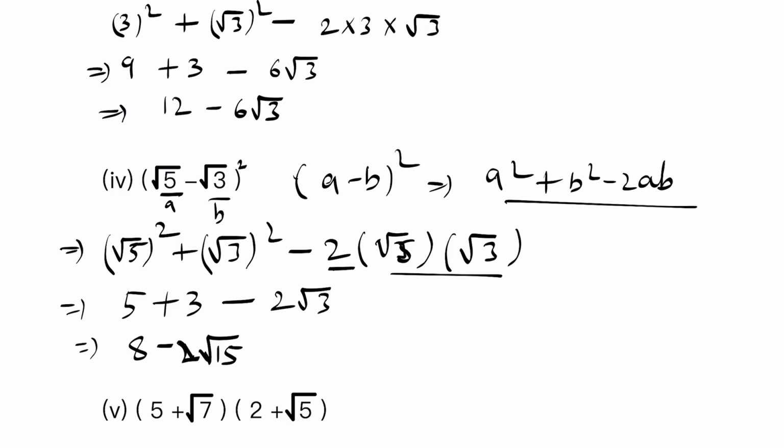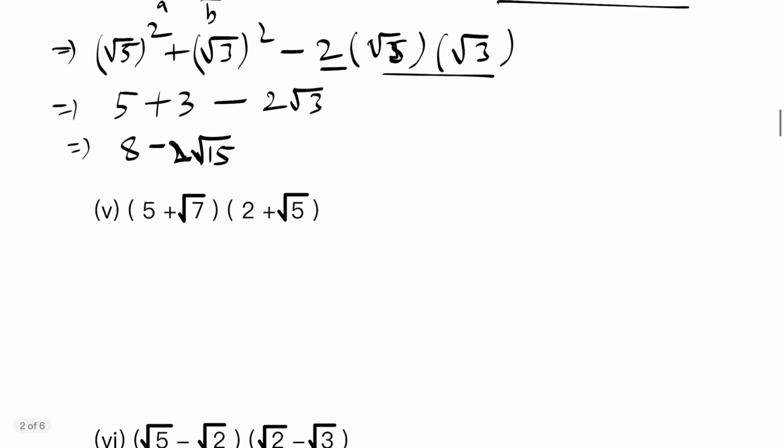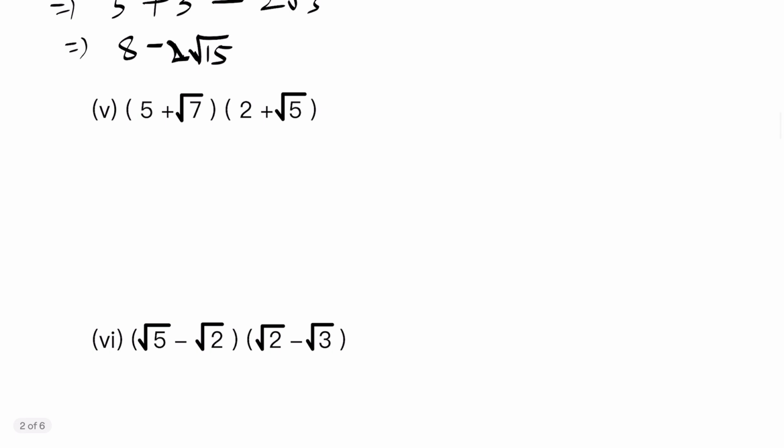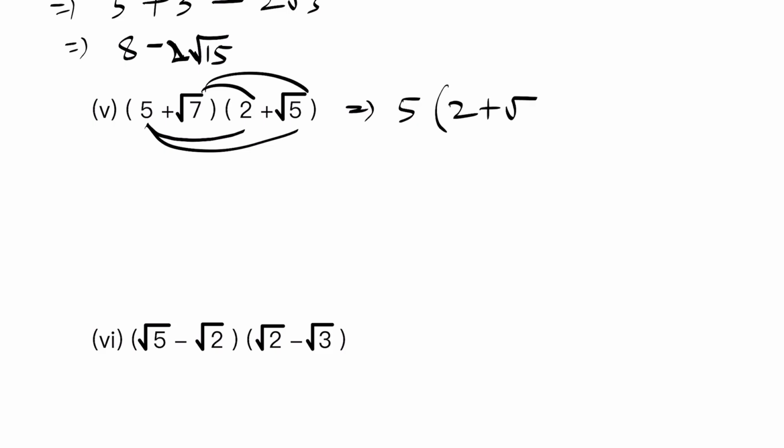Now the fifth question is 5 plus root 7 and 2 plus root 5. Now this is not any identity, so we will simply multiply the first term with these two terms and the second term with these two terms. So this is equals to 5 into 2 plus root 5 plus root 7 multiplied by 2 plus root 5.